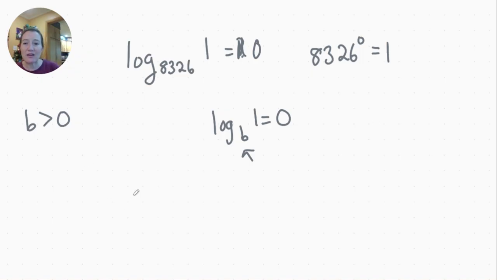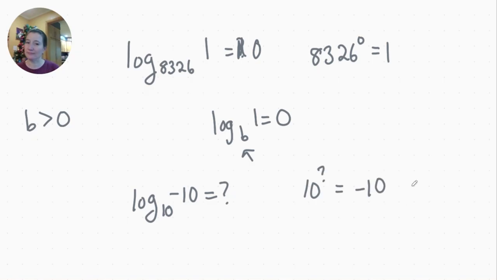And you'll notice that if I asked a question like, let's even just do a nice base 10 log of negative numbers. 10 to what power is a negative number? That should make you feel a little funny. There's no number of times I can multiply 10 by itself and get a negative output. So there is no answer.